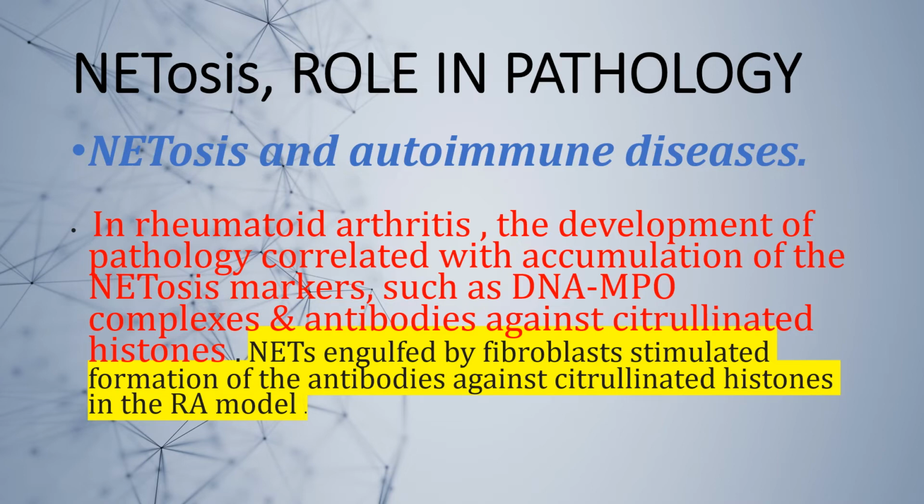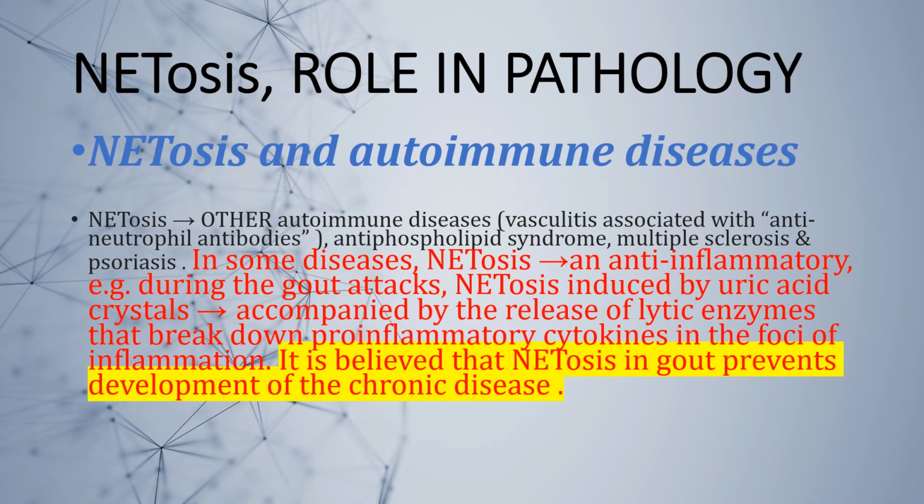Also, NETs engulfed by fibroblasts stimulate formation of antibodies against citrullinated histones in rheumatoid arthritis models. Similar observations indicate that NETosis is involved in other autoimmune diseases such as vasculitis associated with anti-neutrophil antibodies, antiphospholipid syndrome, multiple sclerosis, and psoriasis.